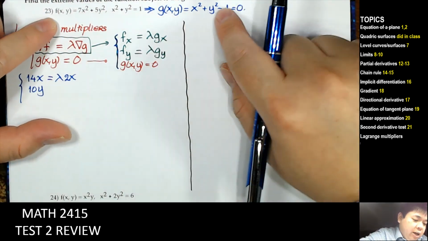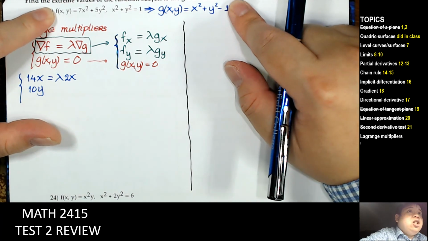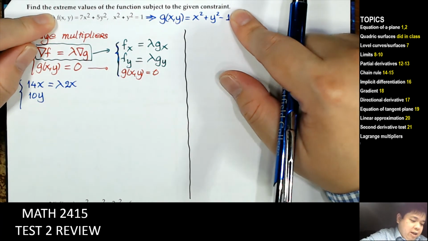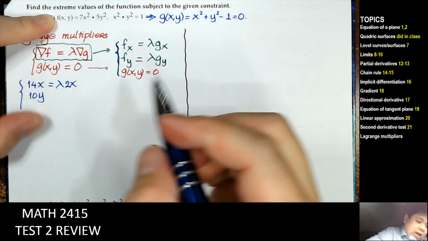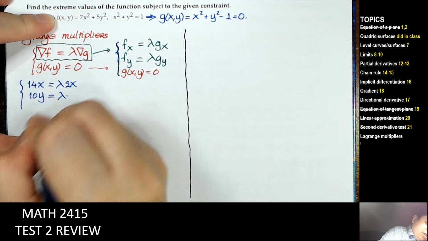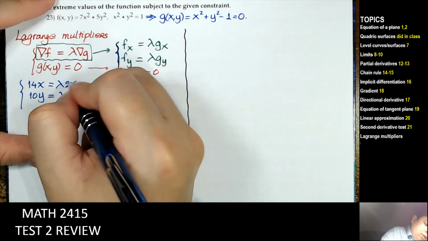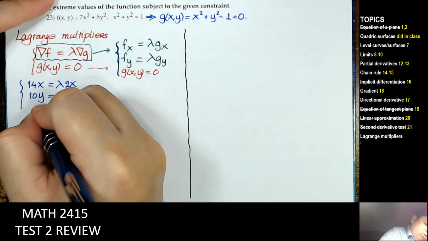This is f, this is g. Take the derivative with respect to x and make them multiples of each other. Take the derivative with respect to y and make them multiples of each other. And then the constraint itself.